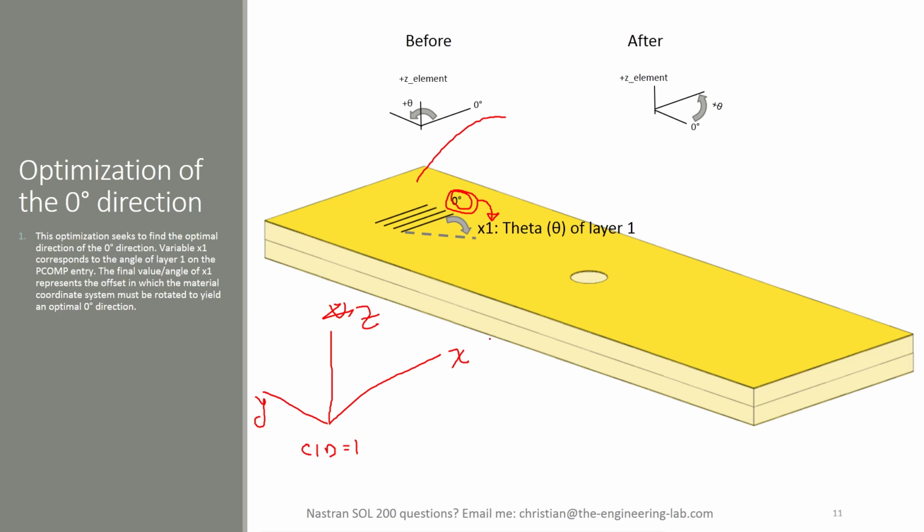This x-axis is currently defined in the 0 degree direction. If we let the theta change, and let's suppose the theta is currently here, so this is 0 degrees. Let's suppose the theta goes to negative 60 at the end of the optimization. So negative 60 here, and then we'll draw a dotted line.